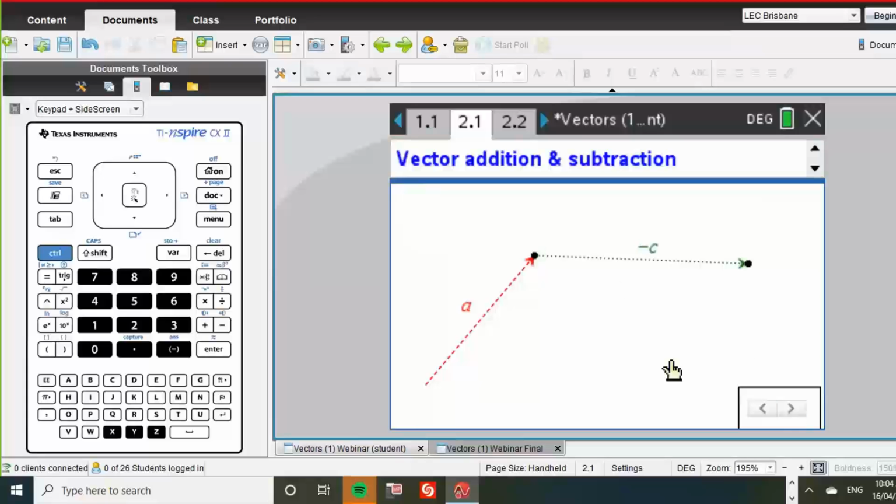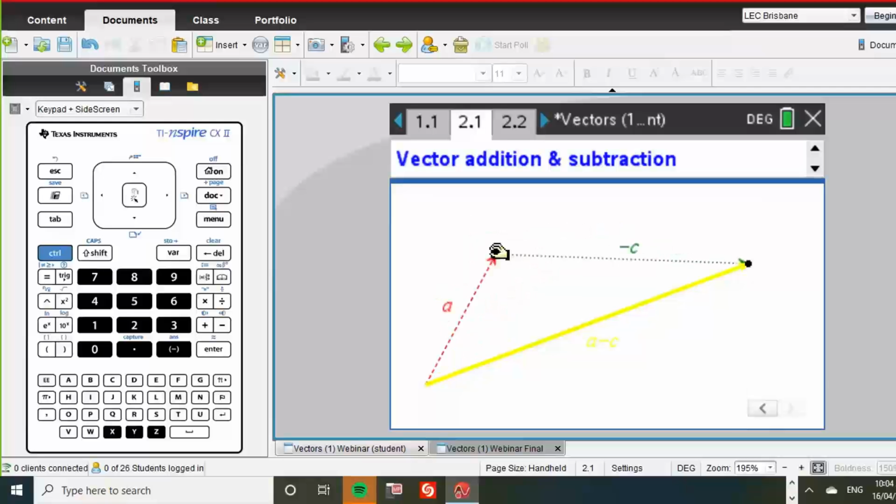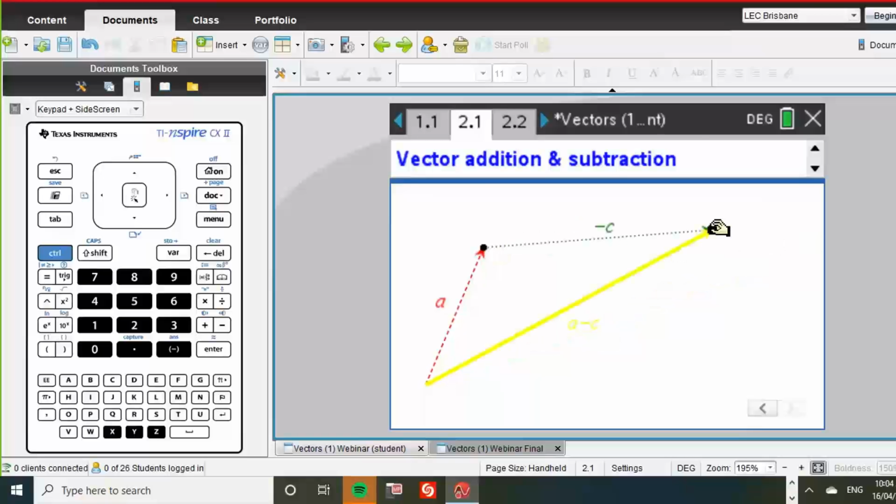If we click on this, we see that vector minus C is in the opposite direction, still the same magnitude, and then by the head to tail rule or the triangle rule of vector addition slash subtraction, here is the resultant vector A minus C. So vector A plus vector minus C. And you can grab and move vector A around the plane. You can move vector negative C around the plane, and you can see that it still forms that triangle.